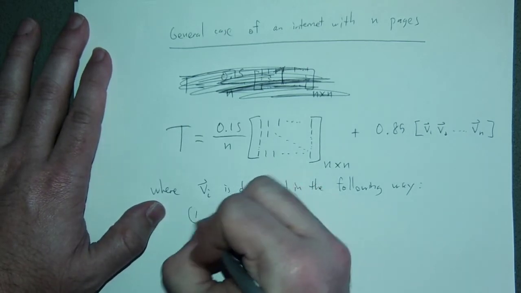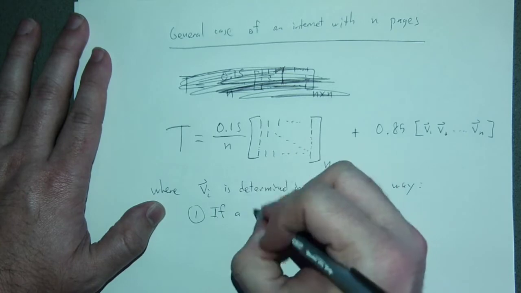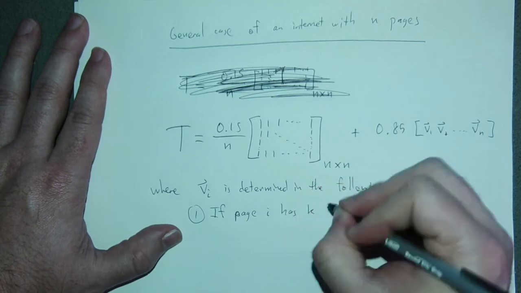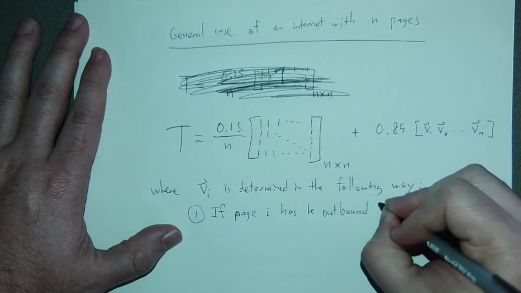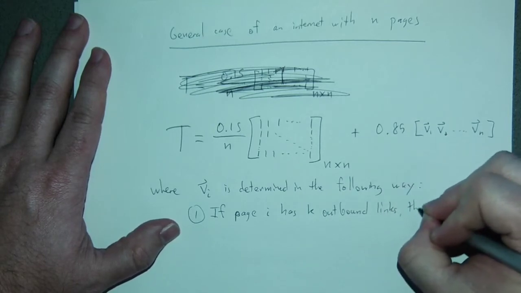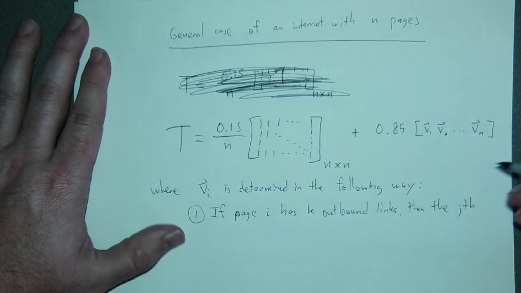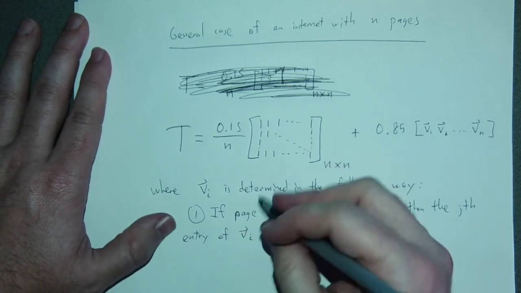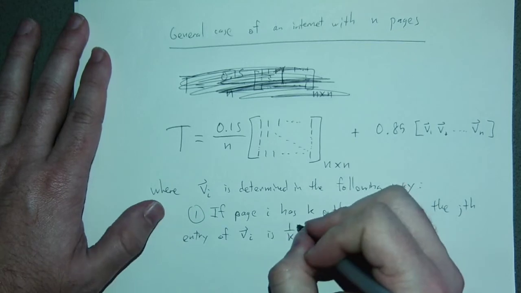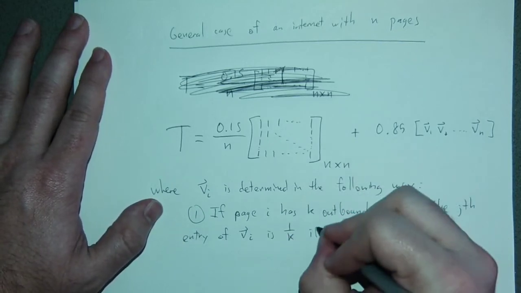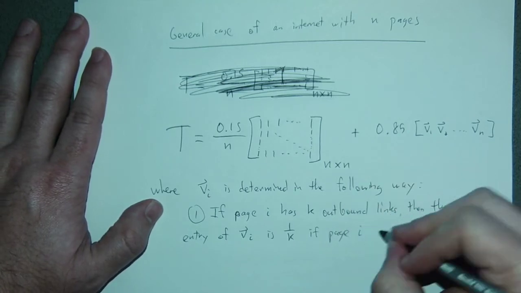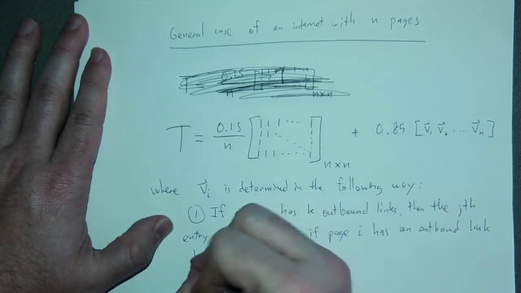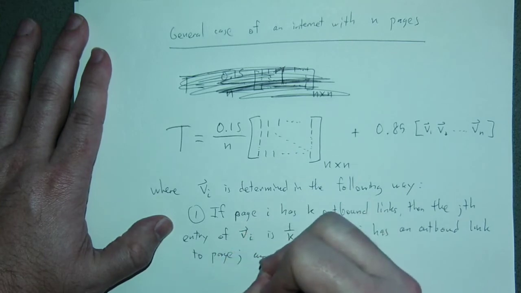So, one, if page i has k outbound links, then the jth entry of the vector v sub i is 1 over k if page i has an outbound link to page j, and 0 otherwise.